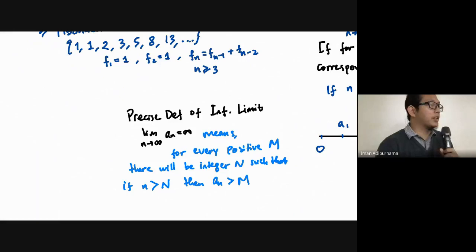And similarly, for an infinite limit in the negative direction, you just mirror it, so a_n should be less than M for the negative case.